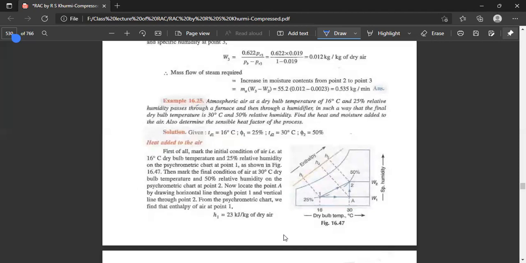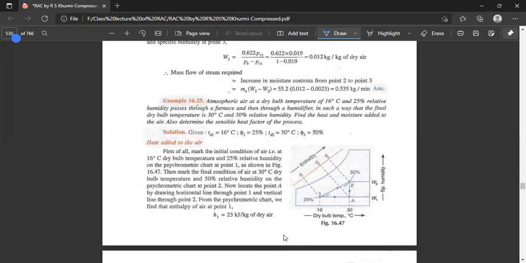Next is 36.25. Atmospheric air at a dry bulb temperature of 16 degrees centigrade and 25% relative humidity passes through a furnace and then through a humidifier in such a way that the final dry bulb temperature is 30 degrees centigrade and 50% relative humidity.